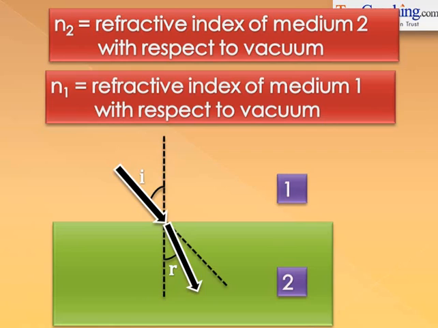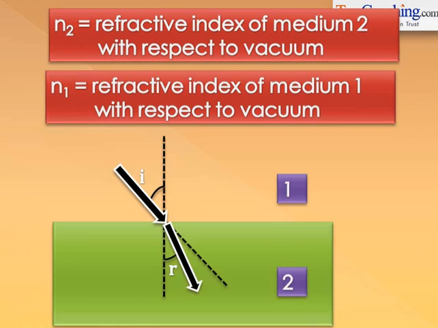In general also, sometimes you're told refractive index of water is 1.33. The refractive index of glass is 1.5. In all such cases, when refractive index of one medium is mentioned and no other medium is mentioned, in that case you will assume that the refractive index is given with respect to vacuum.